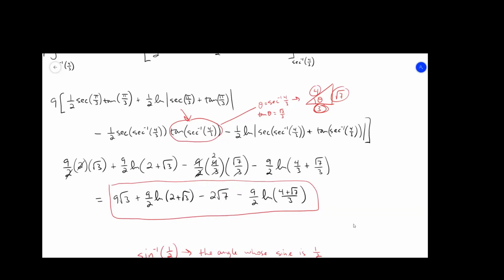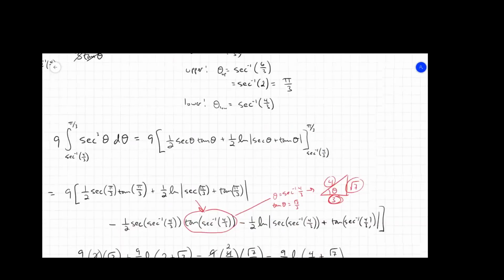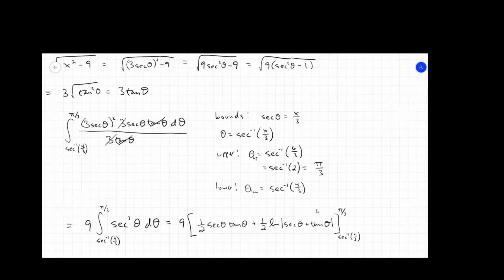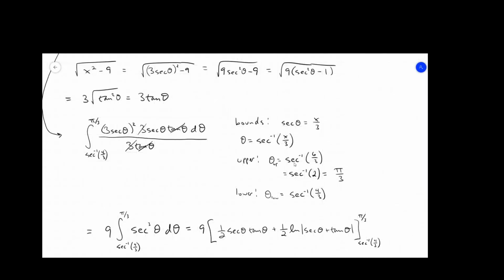All right, so that was a hard one, definitely. Difficult problem there. Just so you can see, the alternative way of doing this problem would have been to ignore the bounds. Like we could come back up here and just ignore these bounds, and leave this as an indefinite integral.